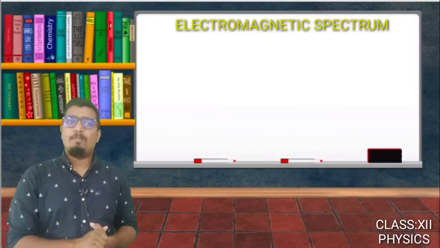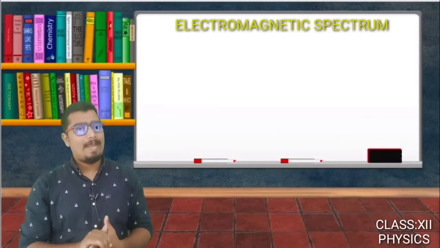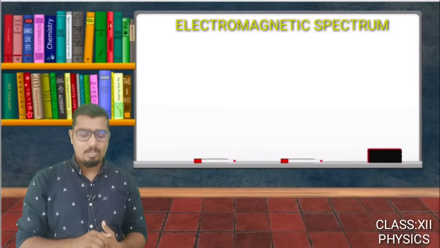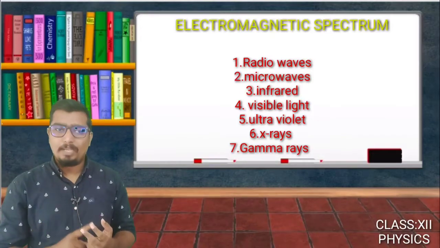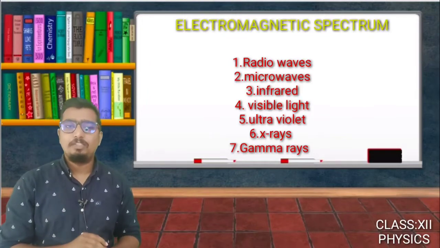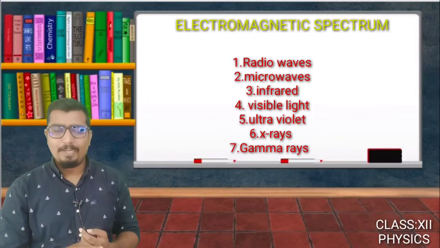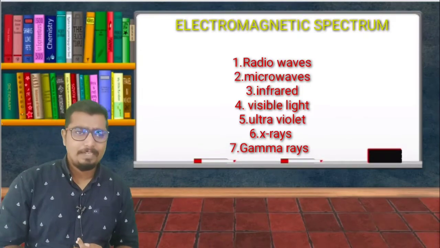What are the electromagnetic radiations? There are 7 electromagnetic radiations. First one is radio waves, then microwaves, infrared, visible light, ultraviolet, X-ray, gamma ray. These are the electromagnetic radiations.